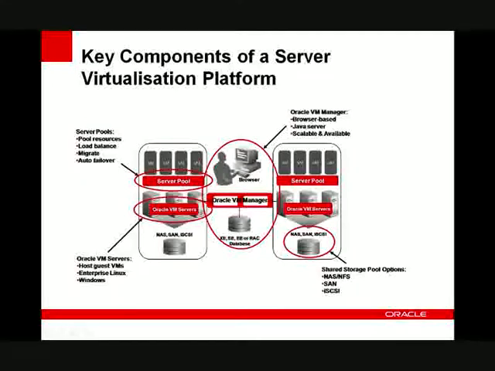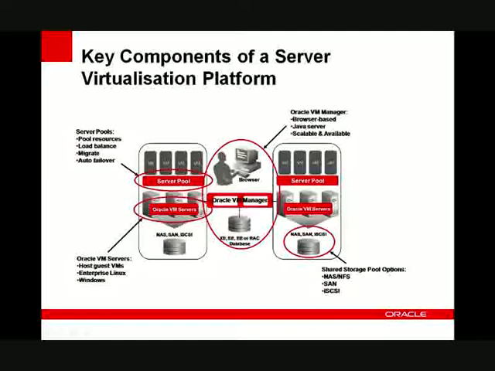Using these two components, you're able to create pools of servers. You arrange the physical machines, the virtualization servers, into physical pools, which you call server pools. And server pools are able to run any of the virtual machines in the environment. You're able to load balance across those physical machines so that your virtual machines, when they're running, take advantage of the best resource inside the environment.